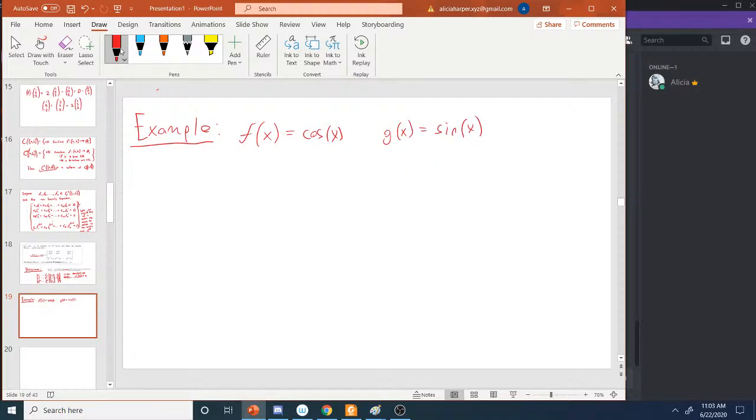And what I want to know is, are f and g linearly independent as elements of, say, C1 of -1 to +1?